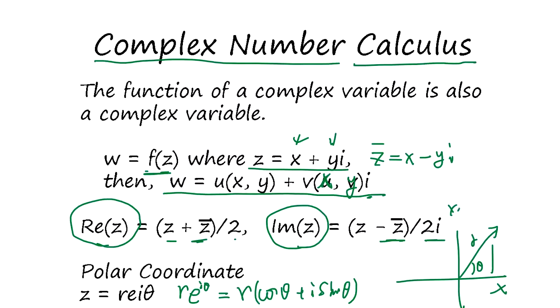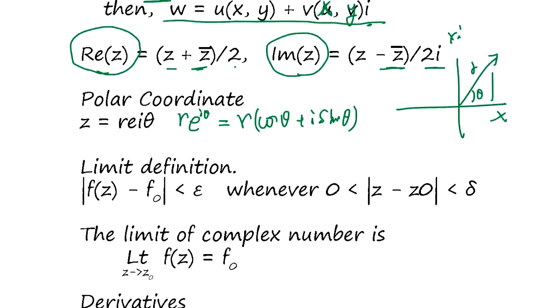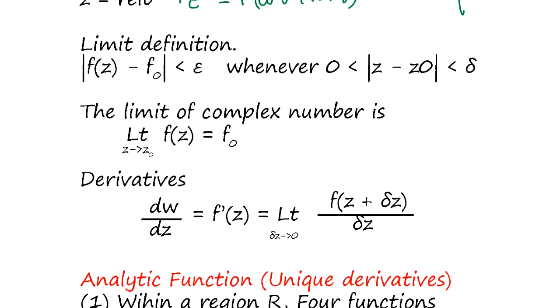So this is yi. So this is a basic variable. Now we need to define the limit first. Limit is defined according to the epsilon-delta method, which is the same as in the previous calculus.